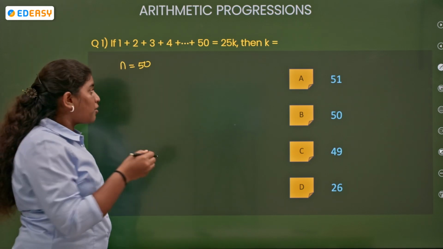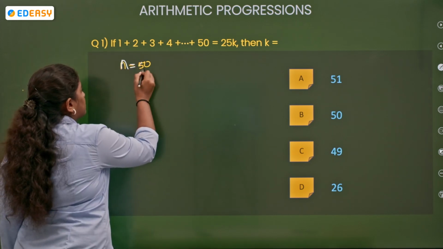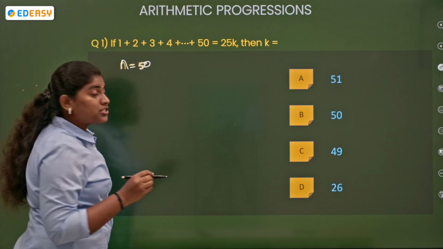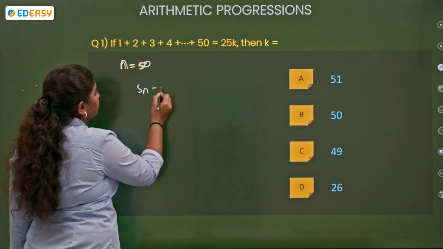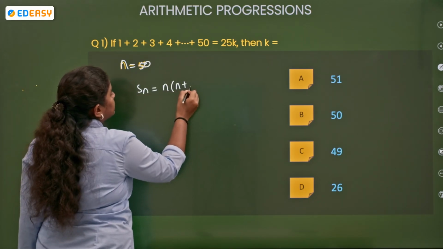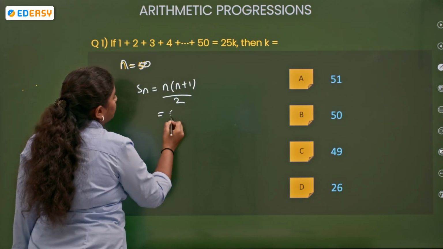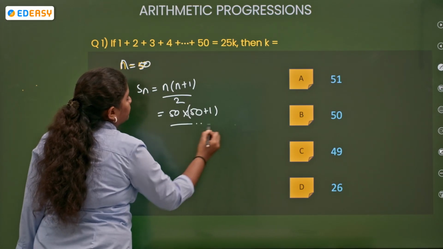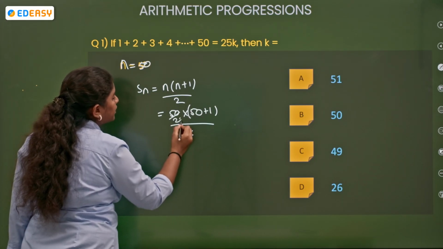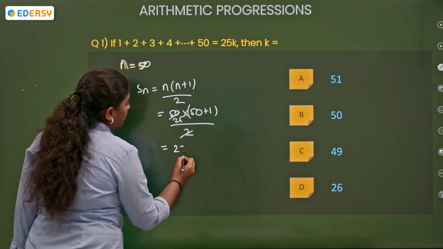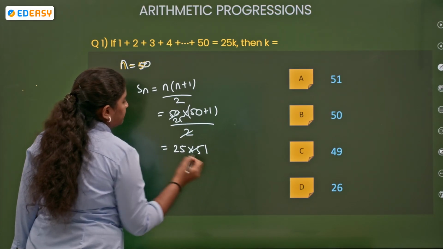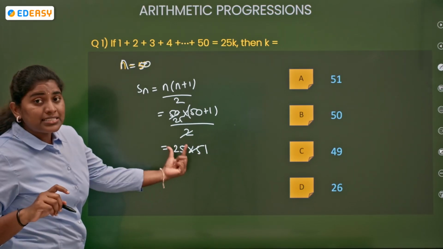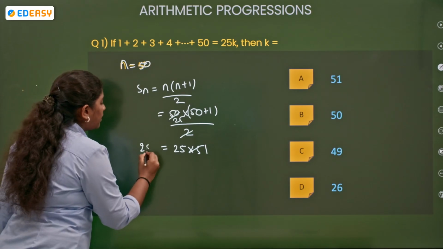Now put that in the formula. What is the sum of first n natural numbers? It is given by n into n plus 1 by 2. So 50 into 50 plus 1 by 2. Now 2 will cancel 50 for 25 times. So 25 into 51. Now they have given that this sum equals 25k.